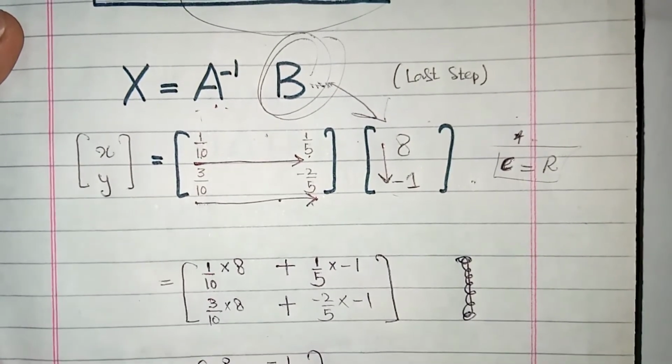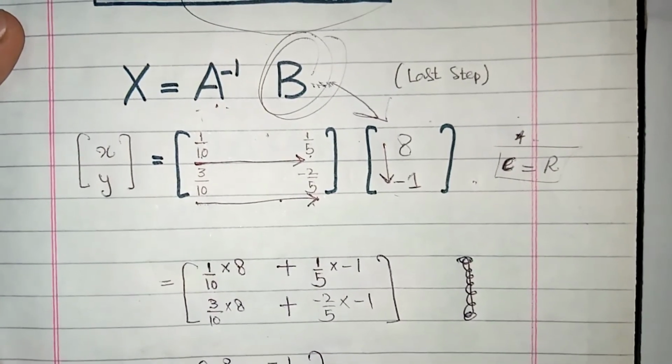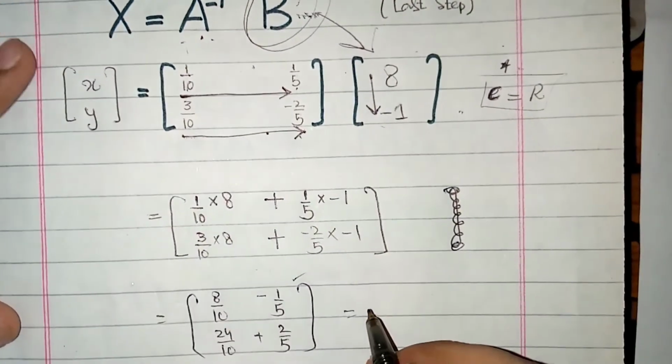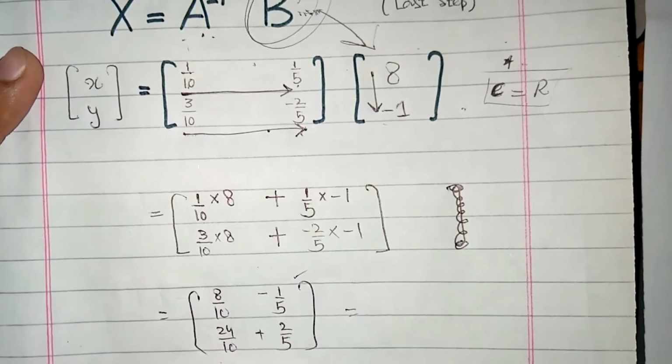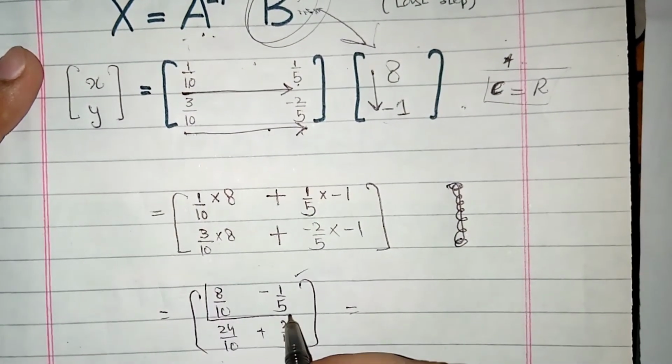So here this becomes 24 over 10, and this becomes positive 2 over 5. So here we have two fractions, and if you know how to take the LCM of two fractions, you do it correctly. If you don't know, you use a scientific calculator to perform these two steps.